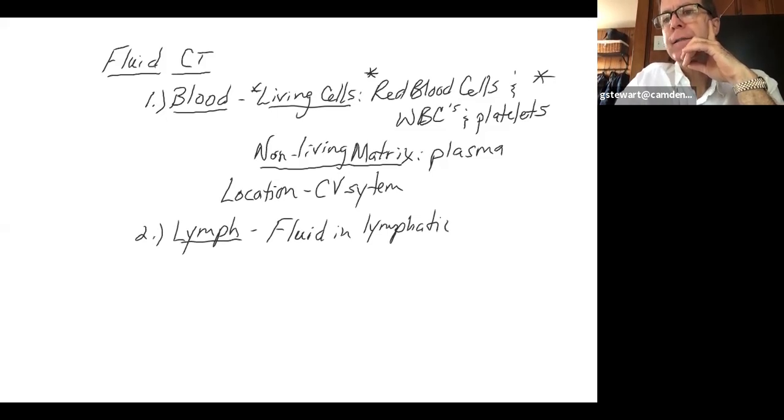Our lymphatic system is a similar system to the vascular system, our blood vessels, only there are lymph vessels that contain fluid. So this fluid is considered a connective tissue.